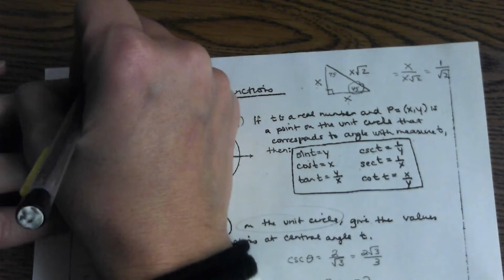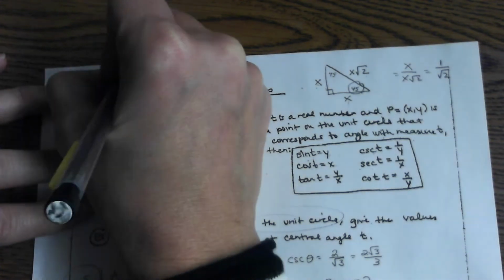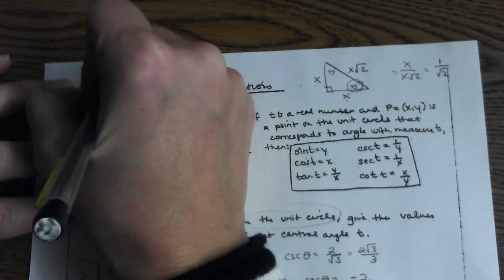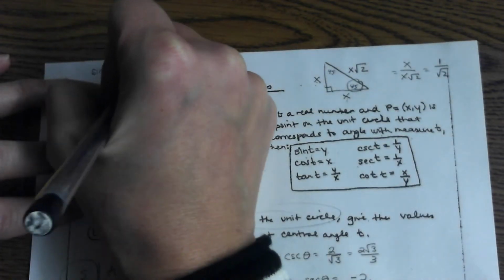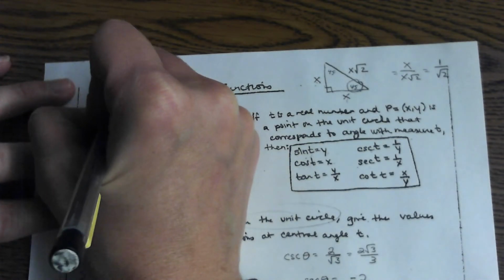That is right. And that is the sine of pi over 4 is root 2 over 2. The cosine of pi over 4 is also root 2 over 2. And the tangent of pi over 4 is 1.